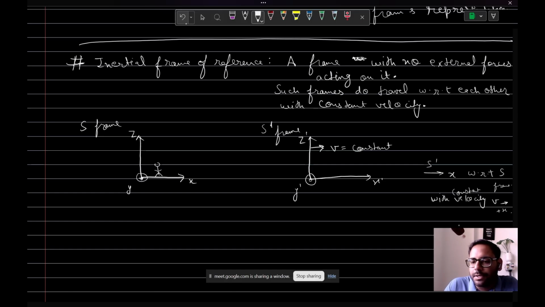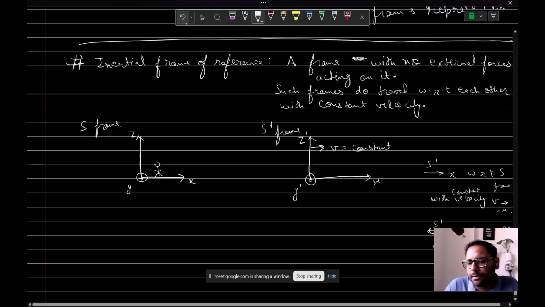But with respect to the S prime frame, what will happen? You will see the S frame going in the negative x direction with constant velocity.